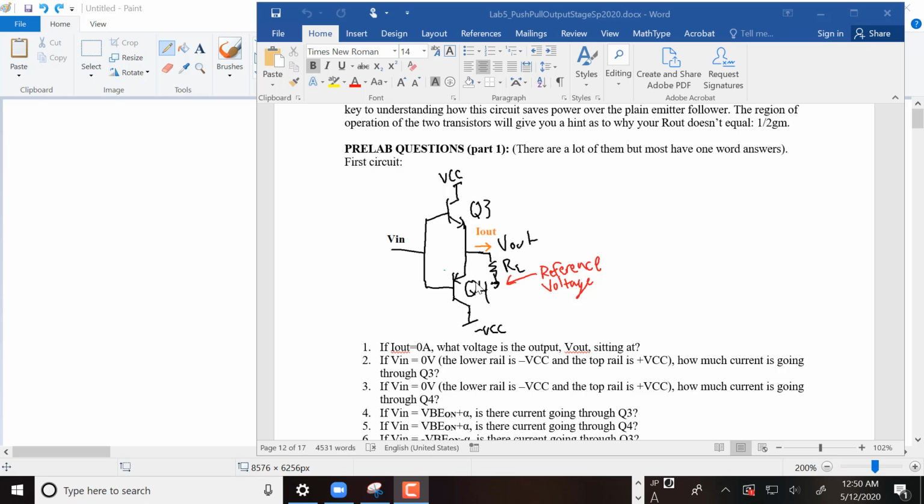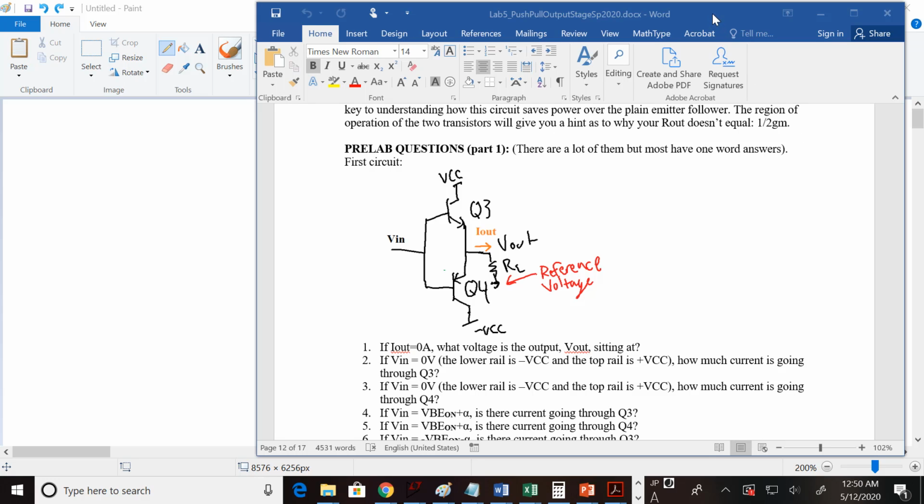If you're using plus 5 volts and minus 5 volts, then the reference voltage should be halfway between that, which is ground.